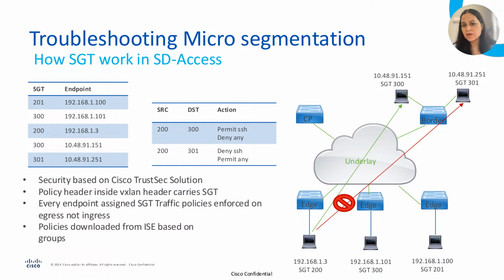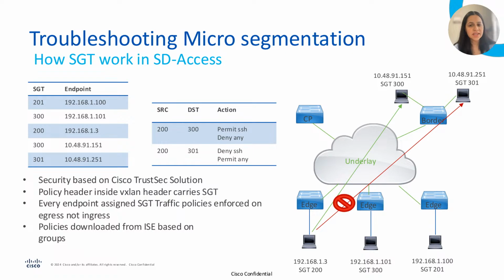And the VXLAN header, which is the data plane, carries the VRF and the SGT information. Now, the segmentation policies are enforced in the egress direction and not in the ingress direction, which means that when a port receives the traffic, the policies will not take any action. It will allow or deny only when the switch is ready to send the traffic out towards the destination.